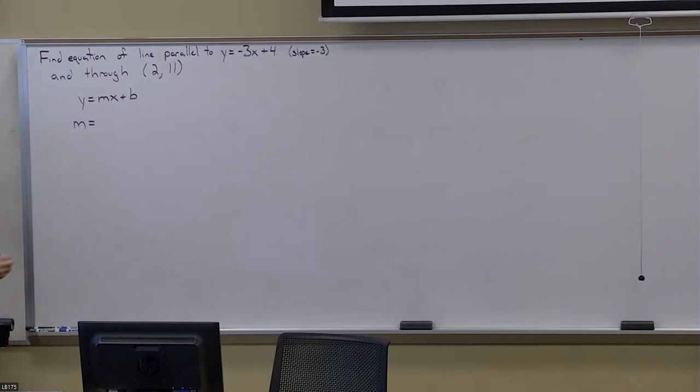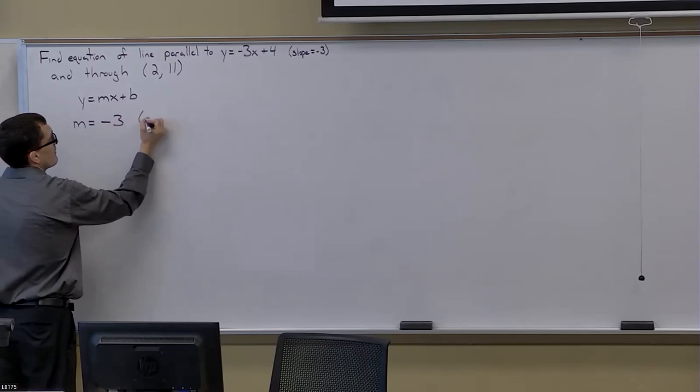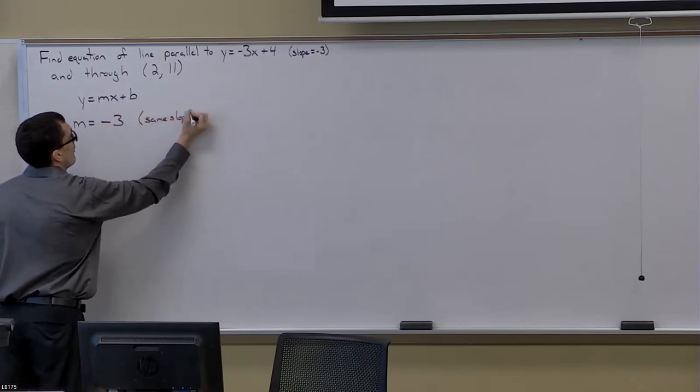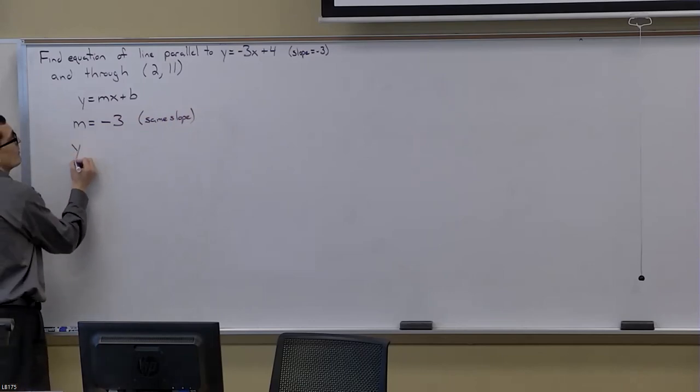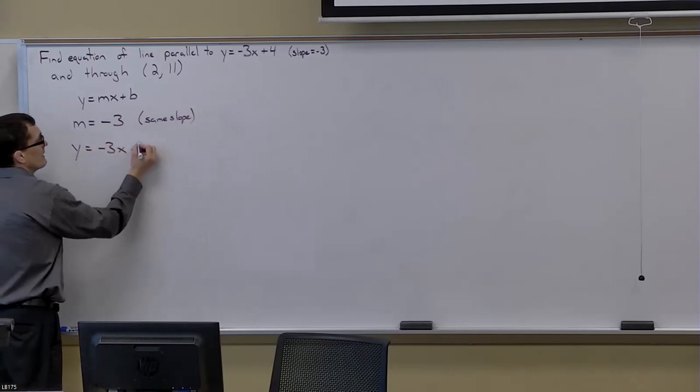If the slope I'm given is 3, and I want to be parallel, the slope is the same as the one that's given. Parallel means same slope. And now, once we have that, it's the exact same process we've been doing.